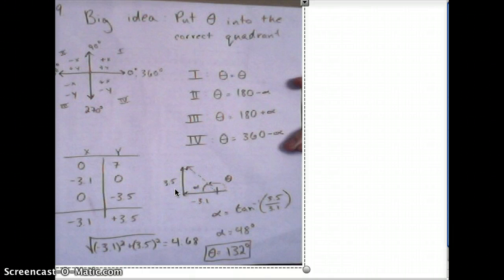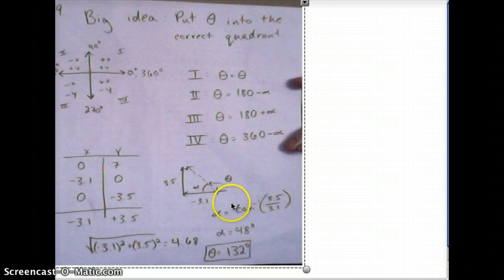My final answer should be somewhere between 90 and 180 degrees. Now the Pythagorean theorem still works the same because anything negative squared is just as if it was positive. But here's where we need to think. To find this little angle in the triangle, I do tan inverse of ry over rx, and I get alpha equals 48 degrees.